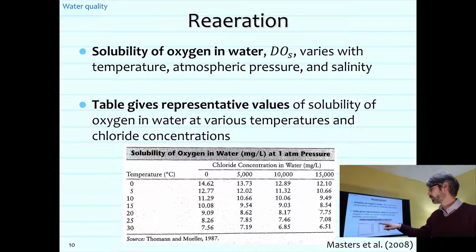You can see here as the water becomes saltier, the oxygen content decreases. So we've got 14.6 versus 12, and likewise as it becomes warmer, it can absorb less oxygen as well. So its saturation is 7.56 at 30 degrees versus 14.62 at 0 degrees.